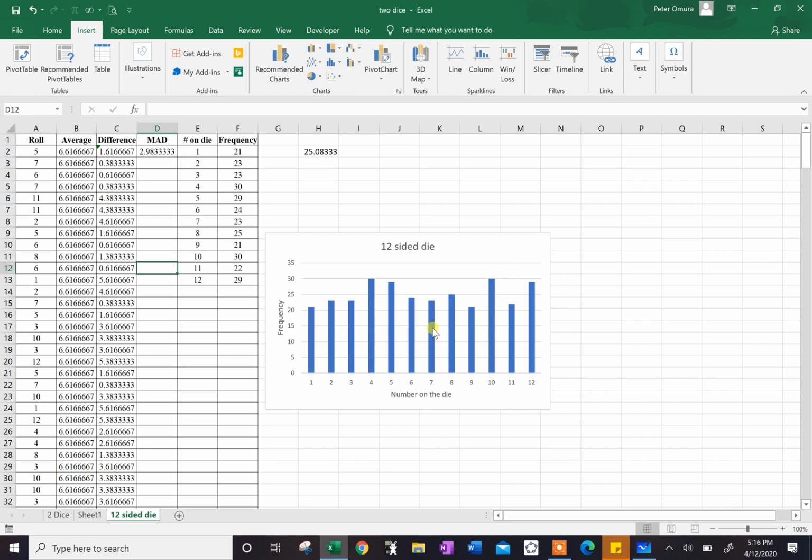However, the difference was, the mean absolute deviation was 3. And so you can see models give you an example as to what should be happening, and this makes sense. And I can run this over and over and over again.